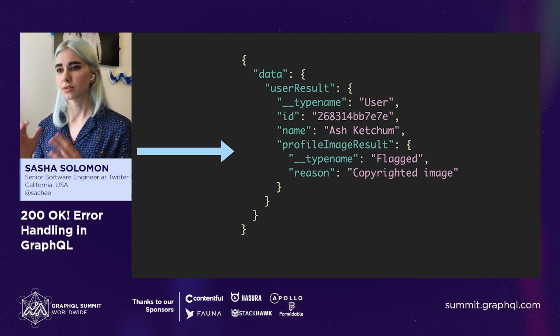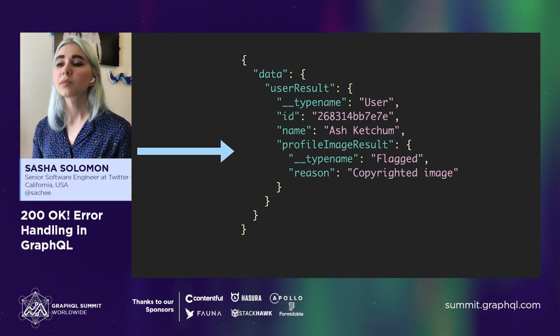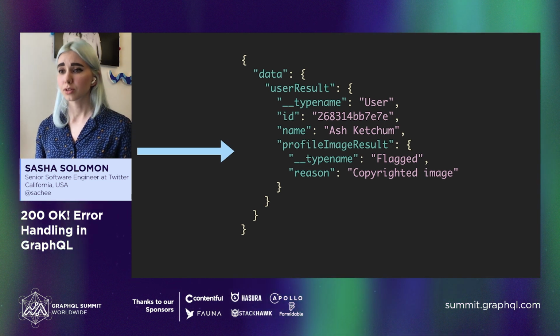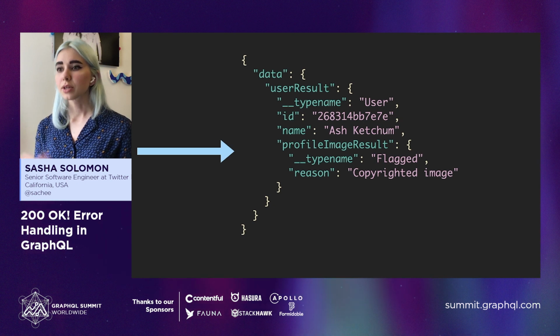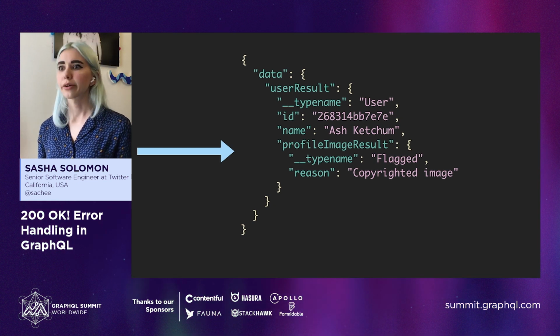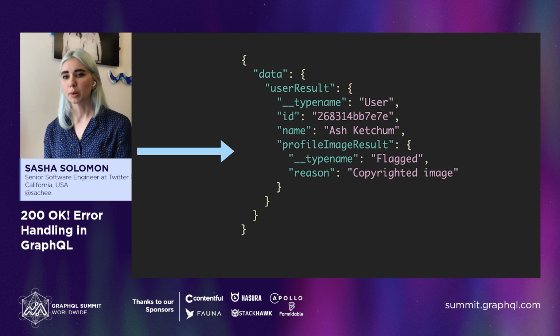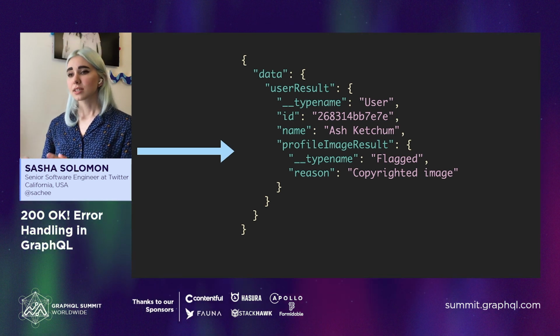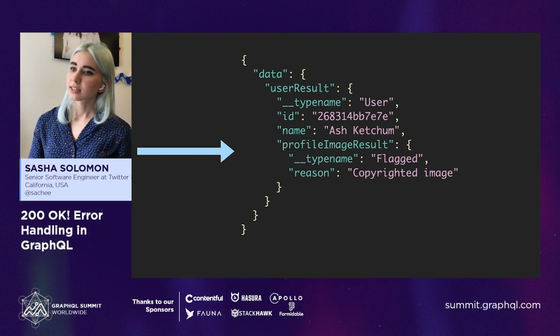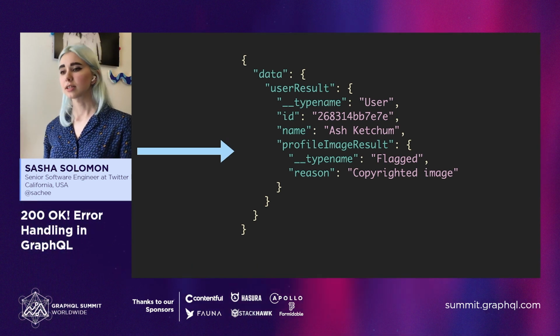We still have the user back with the ID and name. And this time for profile image result, we didn't get an image back. We actually got a flagged image. And the reason is because it was a copyrighted image. So I don't know, Ash is putting up some copyrighted images, probably Pokemon or something. He's not supposed to do that. So the reason that this profile image has been flagged is because it's a copyrighted image.